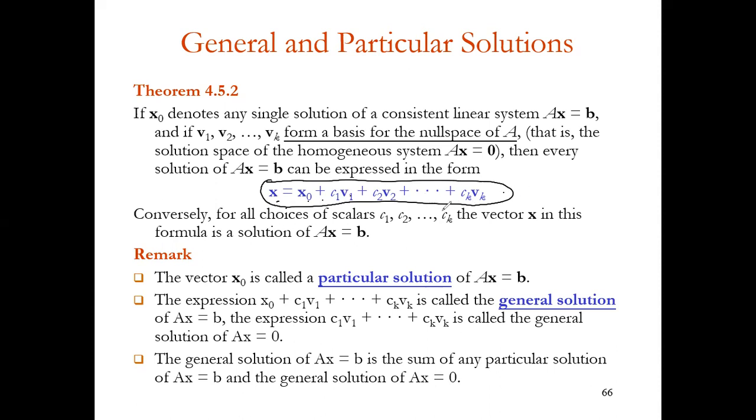It's like polynomial things. So what is the c? The c is the scalar. And what is the x? The x is the solution. The vector in this formula is the solution of Ax equal to b.